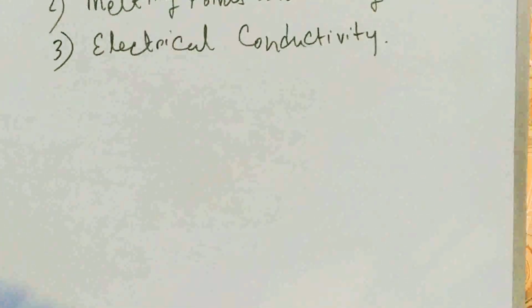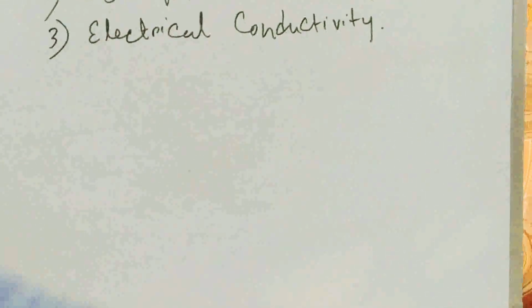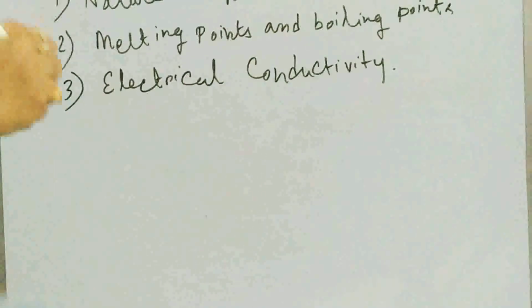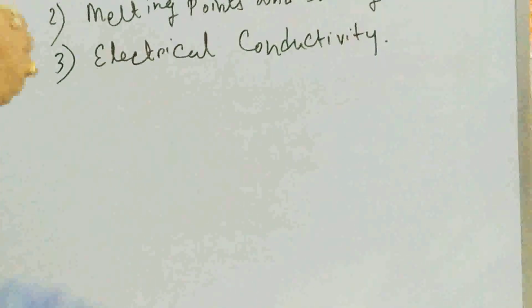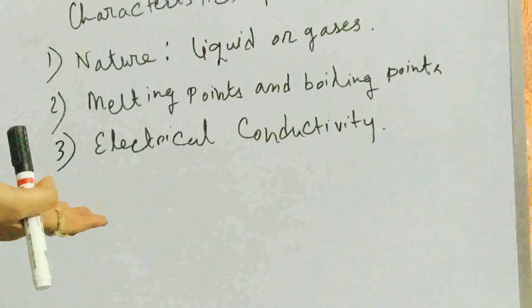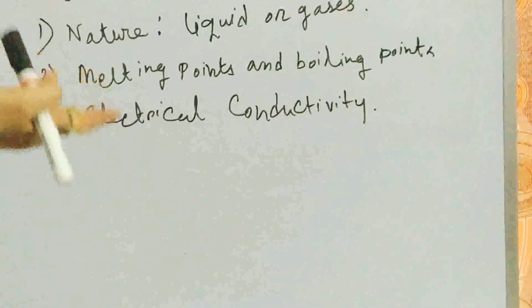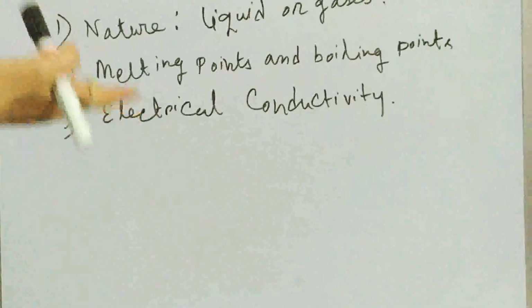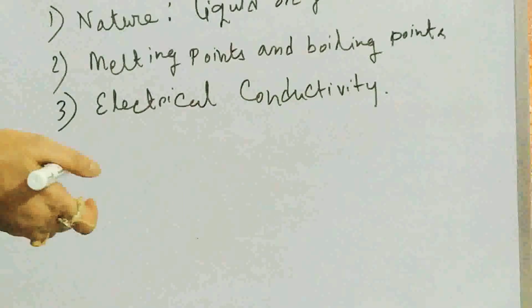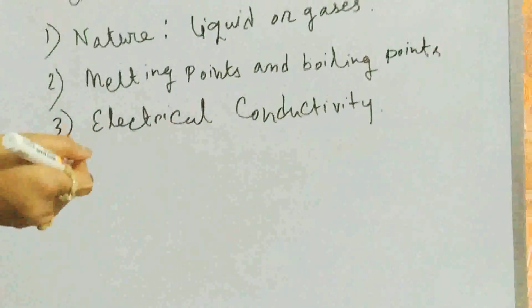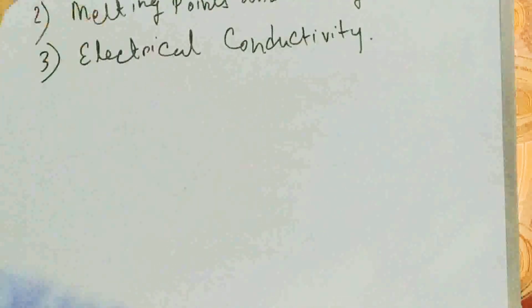They will always remain as molecules, undissociated molecules, in their aqueous solutions. As no free ion is available in the solution, the electrical conductivity of covalent compounds is very low.